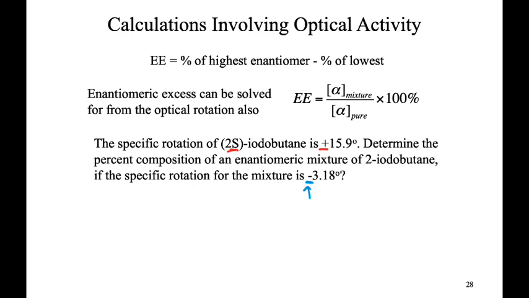It's not S favored, it's R favored. Wait, why? Okay, look at the rotation. If it was S favored, what should its rotation be? It should be positive. The rotation of the mixture is negative. It's rotating the other direction, which means it's R favored. Okay?